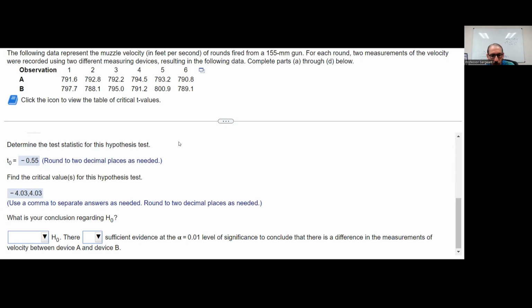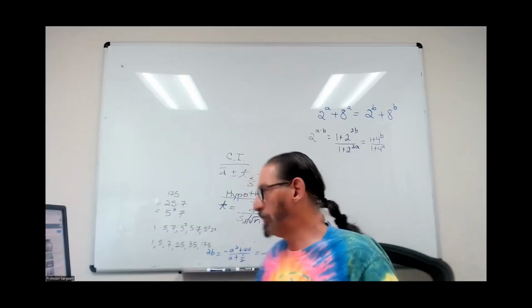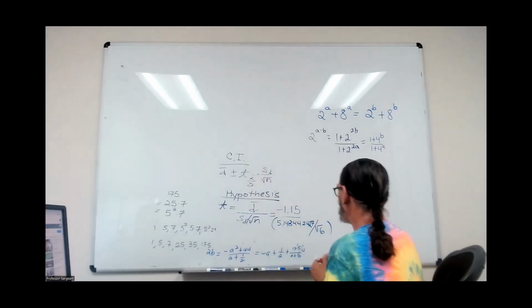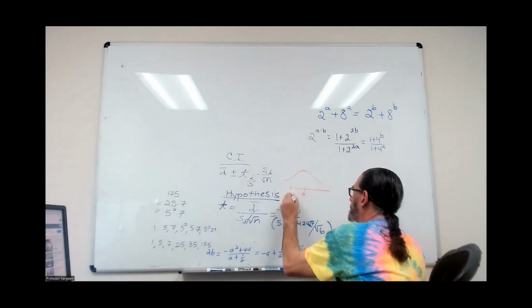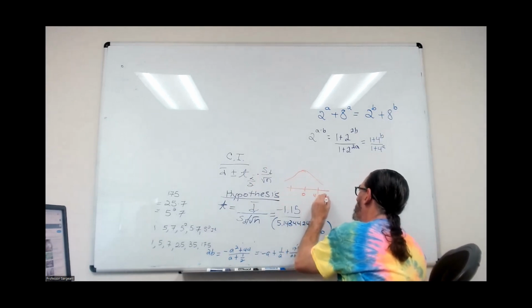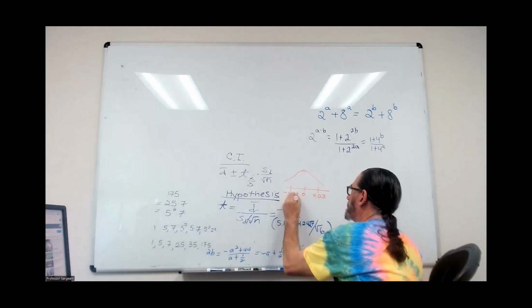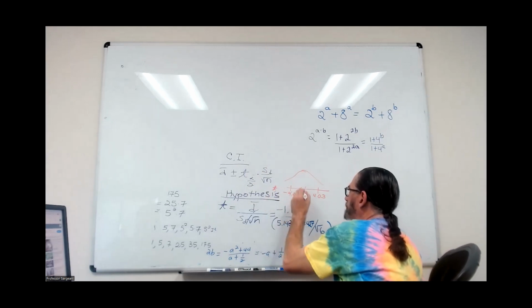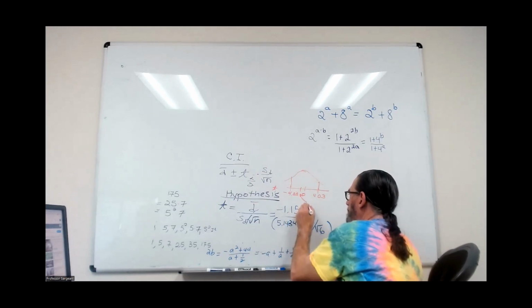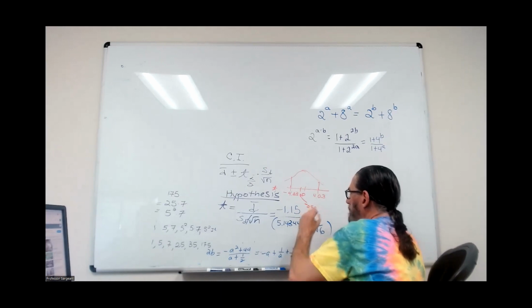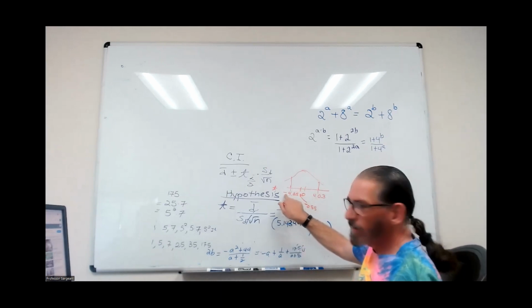What is our conclusion regarding the null hypothesis? Well, we had negative 0.55 for our t-value compared against negative 4.03 and positive 4.03. That negative 0.55 is in between. It's a little bit left of zero, not as far out as here.